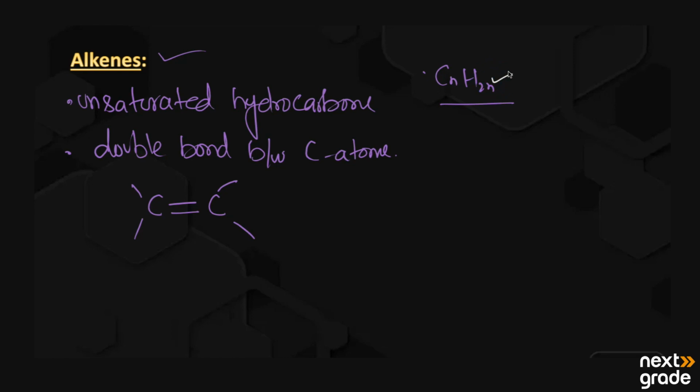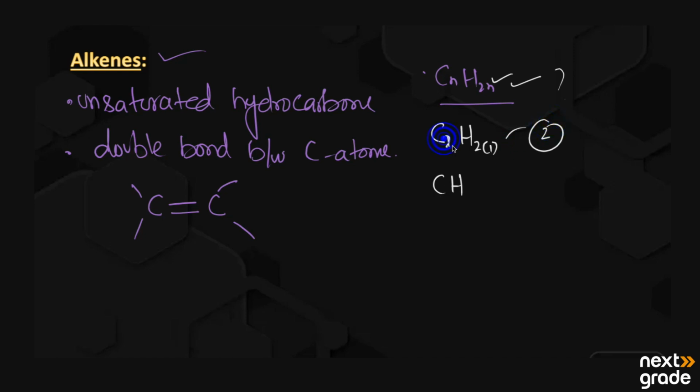If we have one carbon atom, then we put just one, and if we have more carbon atoms, then we put the numbers likewise. So if we have carbon number 1, then we put C1, H 2 into 1, and the formula we get is CH2. Basically, the alkenes start from the number 2.